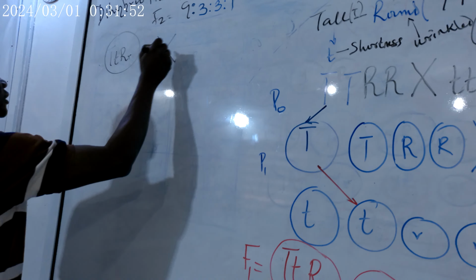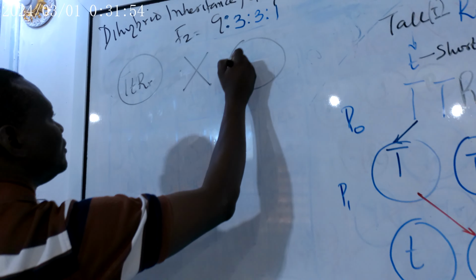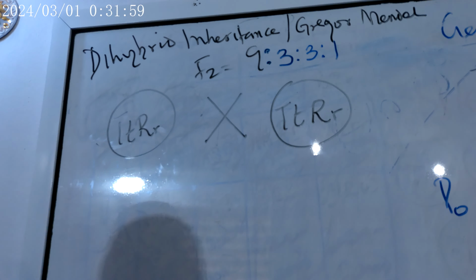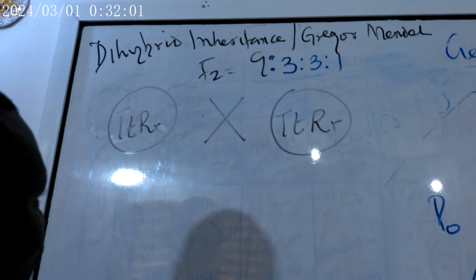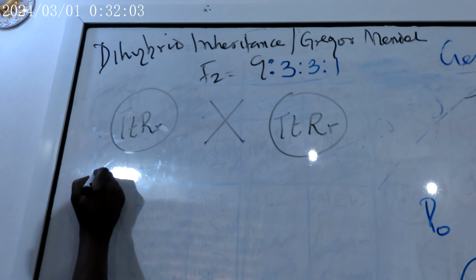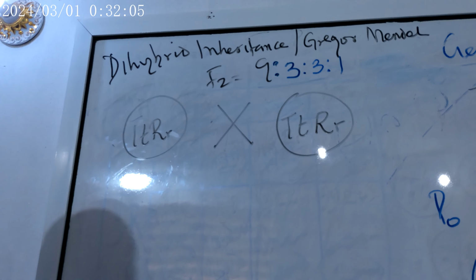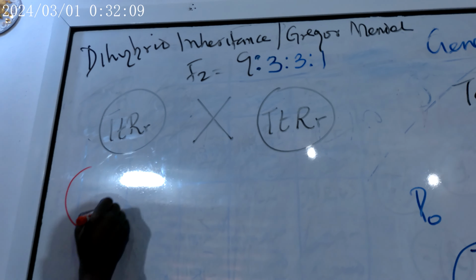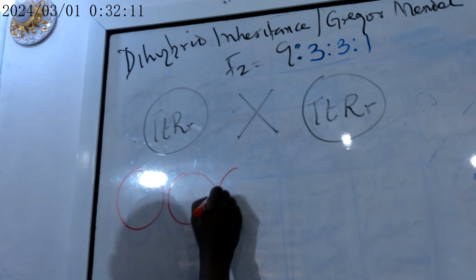We are crossing it with another one, heterozygous, which is this. So that by the time this one forms its gametes, the set of gametes is going to be like this, 4.